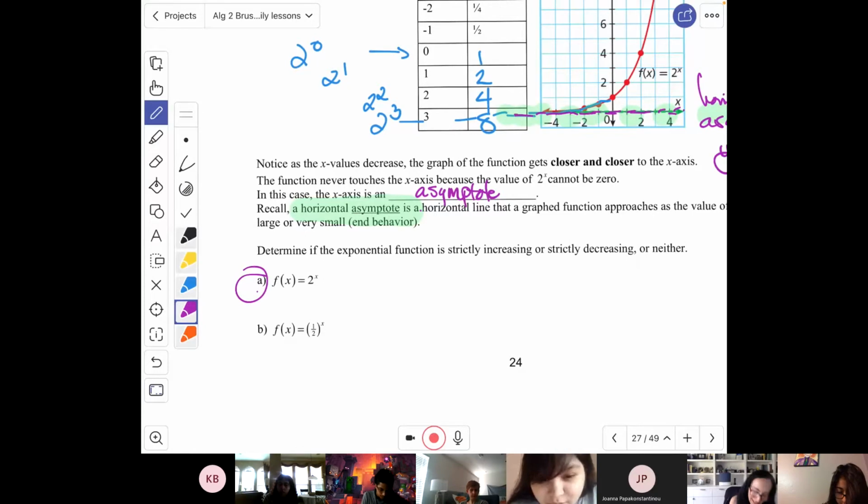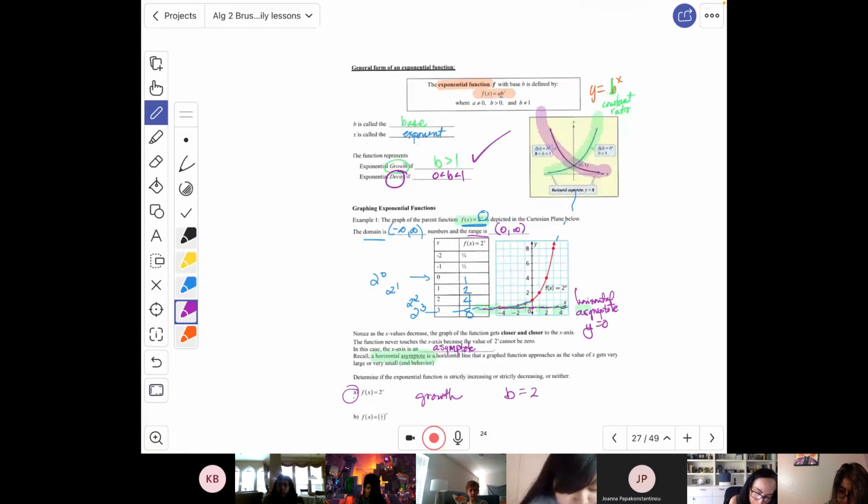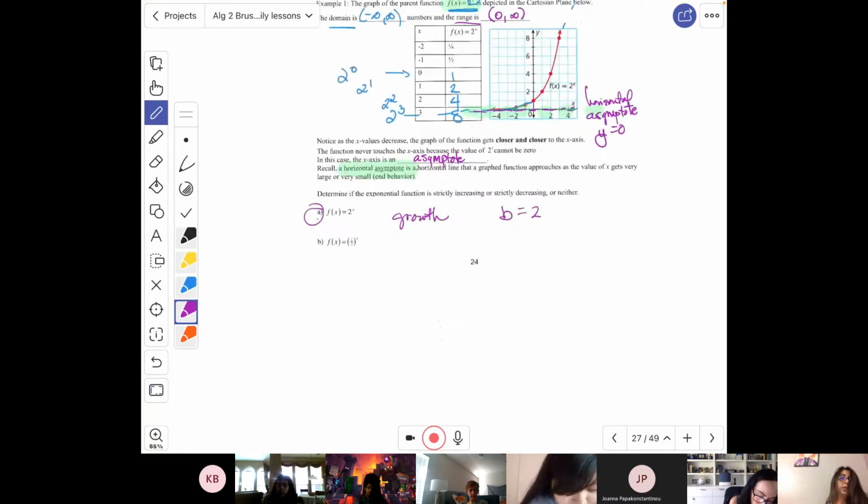Is it growth? It is growth. And why do you think it's growth? Because the number is over 1. Over 1. So since b is 2, we said it was exponential growth if b was greater than 1.